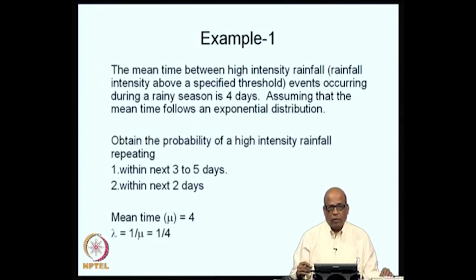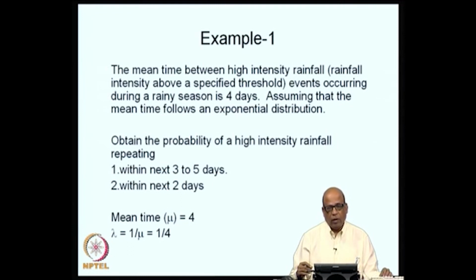Let us take a simple example, where we are interested in the time between high intensity rainfall events. So, we may define a rainfall intensity above a specified threshold as a high intensity rainfall event.